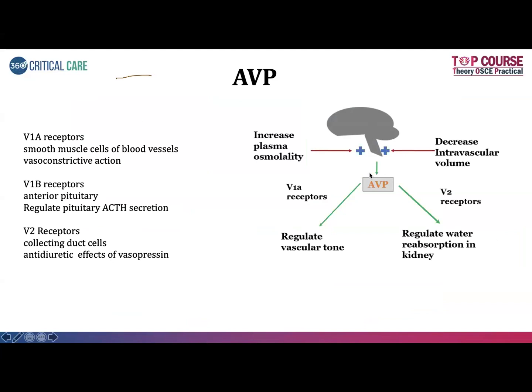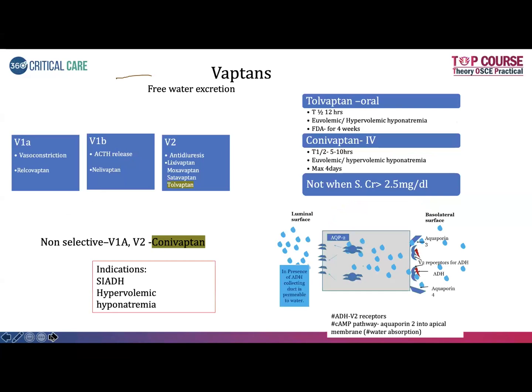So this is secreted from the pituitary in response to osmolality and intravascular volume, that is low intravascular volume. So these are the primary stimulants. It acts on V1A, increasing the vascular tone. V2 regulates resorption of water from the collecting ducts.